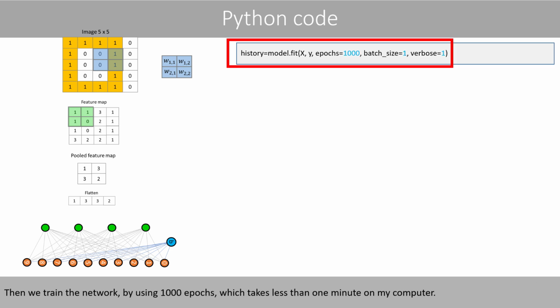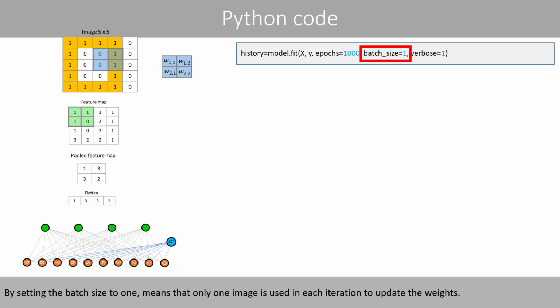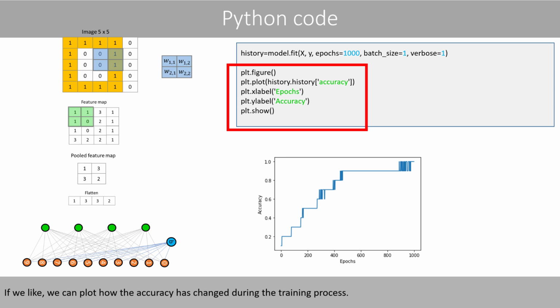Then we train the network by using 1000 epochs, which takes less than 1 minute on my computer. By setting the batch size to 1 means that only 1 image is used in each iteration to update the weights. If we like, we can plot how the accuracy has changed during the training process.